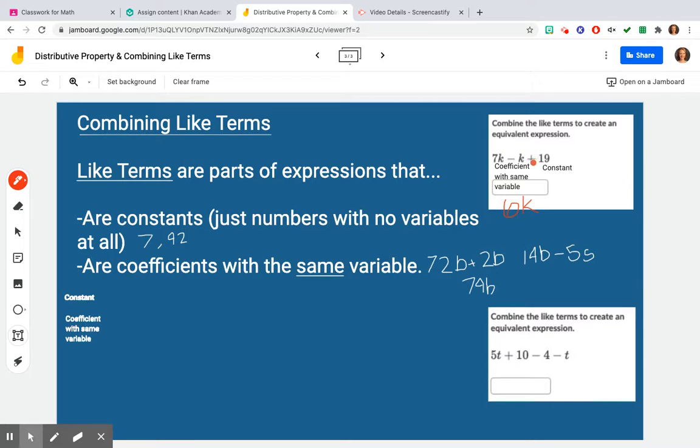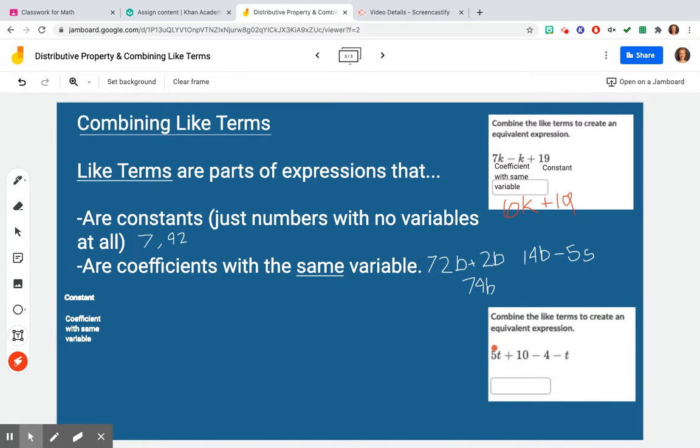And then we are adding 19 onto that. There are no other like terms in this expression to combine with 19, so we just have to leave it at that. 6k plus 19. And that's an equivalent expression to 7k minus k plus 19.